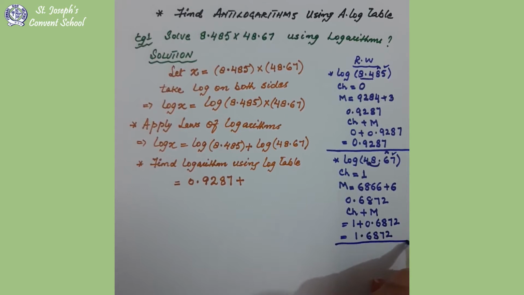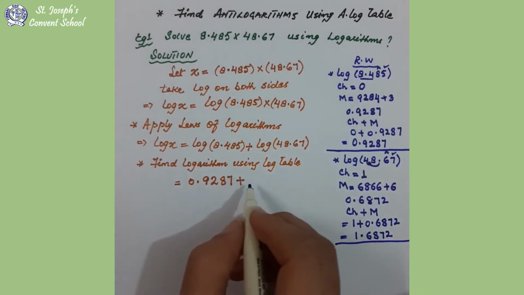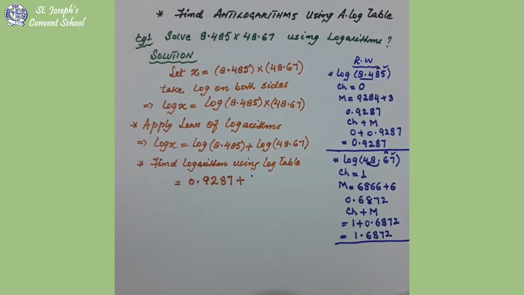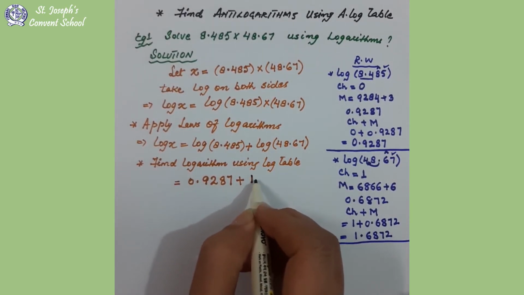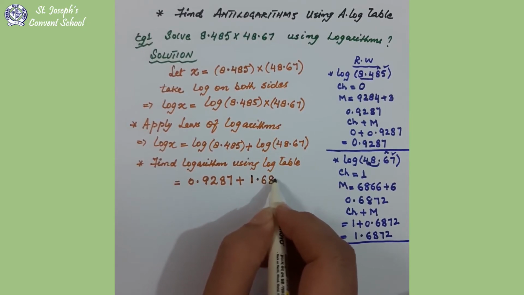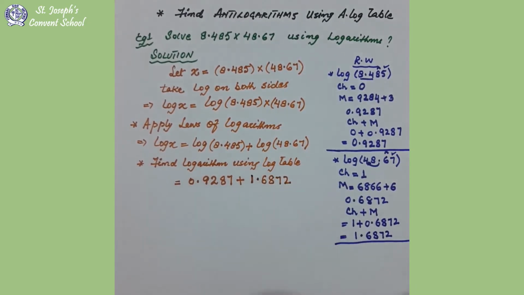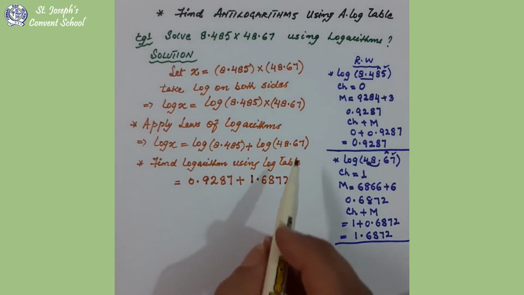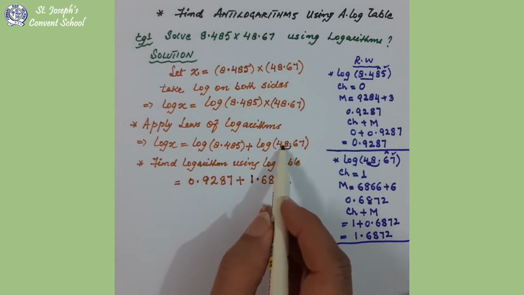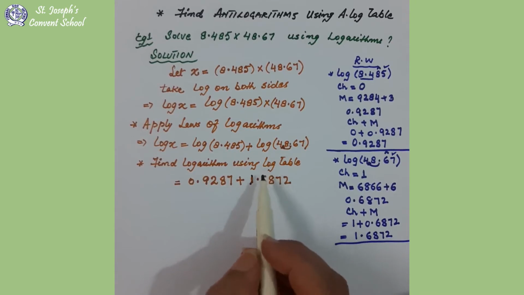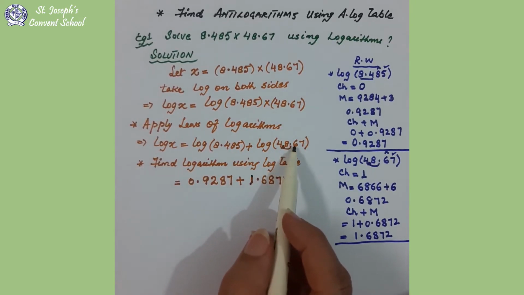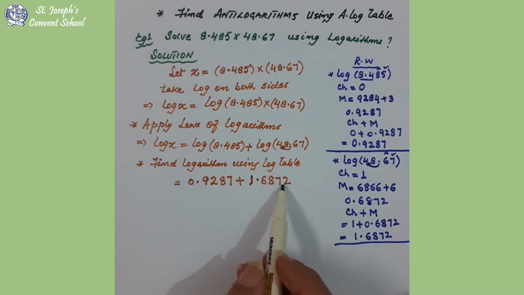So we will write this value here, 1.6872. You can find this directly also. You have to shift the decimal after the first non-zero digit. So one place you are shifting, 1 is the characteristic plus point, and then 48 column 6, mean difference column 7, after adding 6872. Directly you can write.